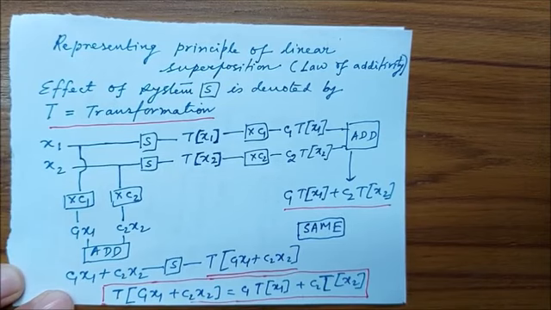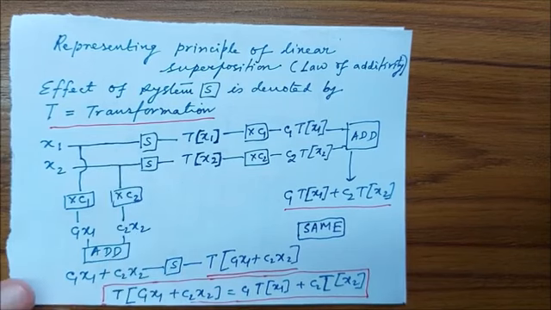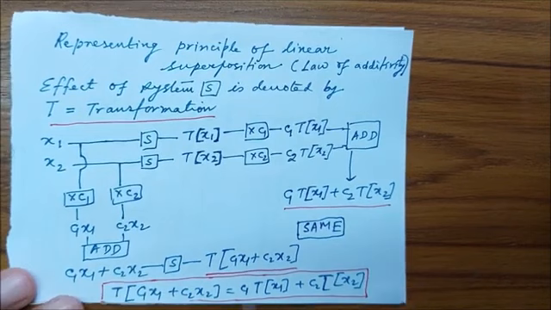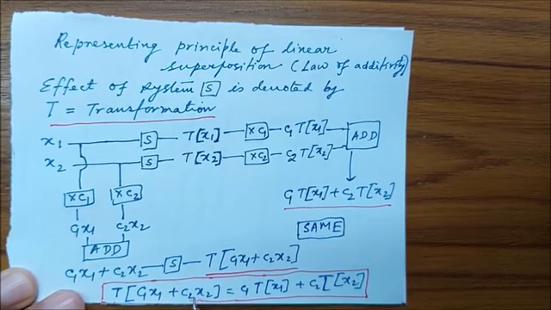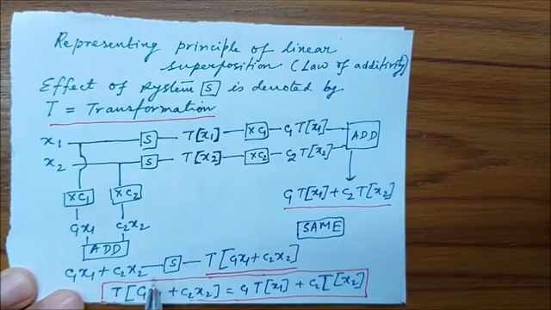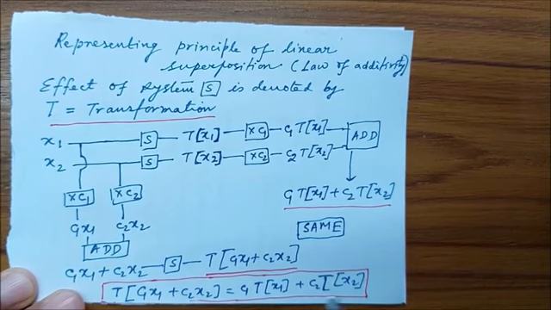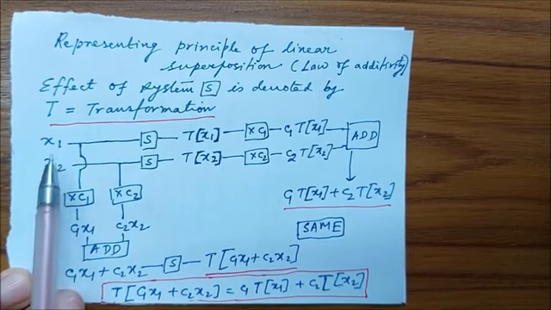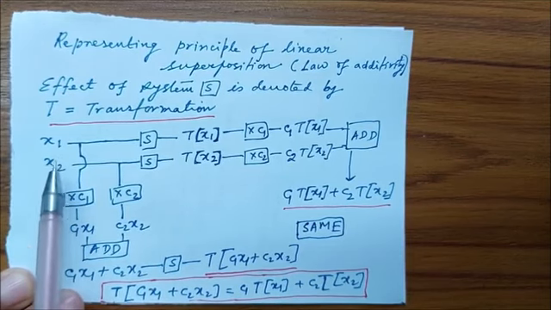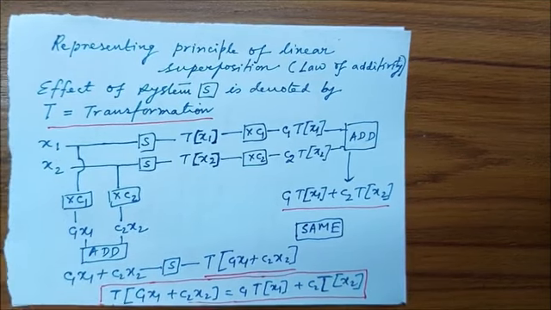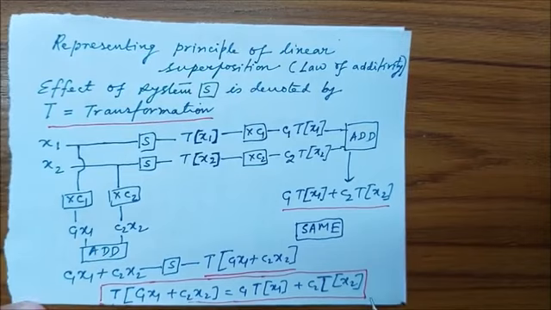Again, let me reiterate that T stands here for transformation, and also that this side represents the response of the system due to collective application of stimuli on the system, while this side represents the response of the system due to individual application of stimuli. This was discussed in an earlier video.